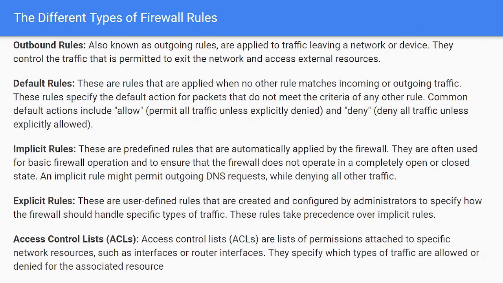Then the last one is access control list. Access control lists are a list of permissions attached to specific network devices, such as interfaces or routers. Basically, an access control list is a list of permissions attached to specific network resources.